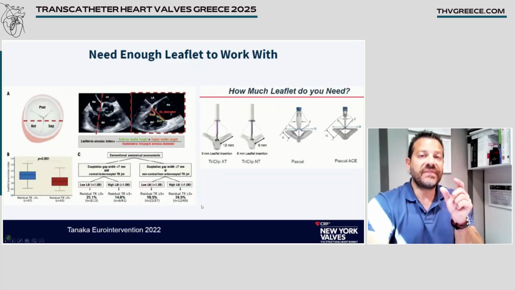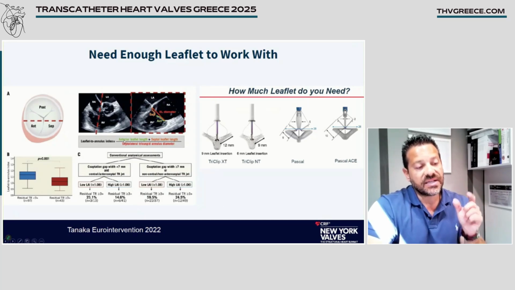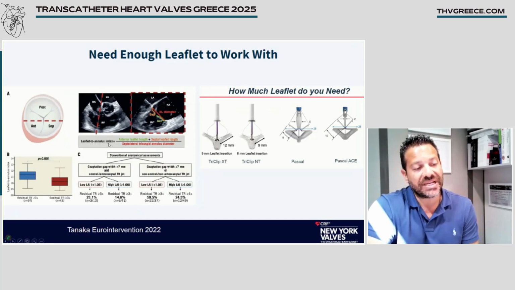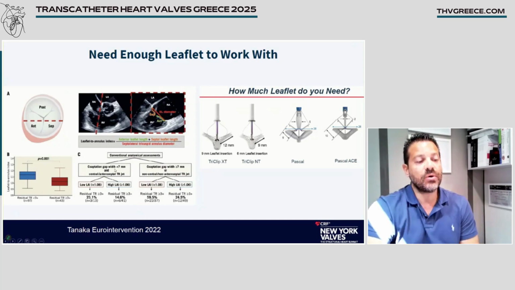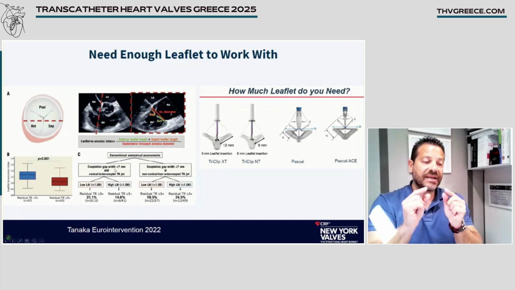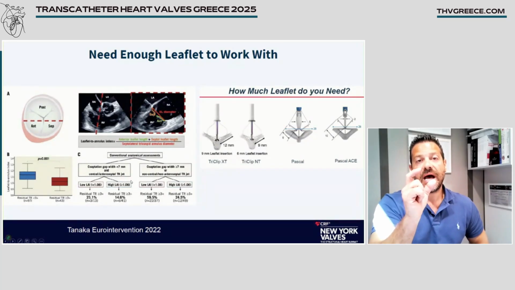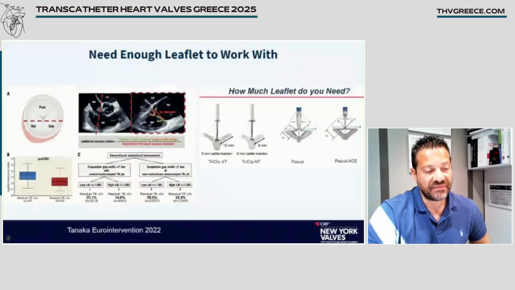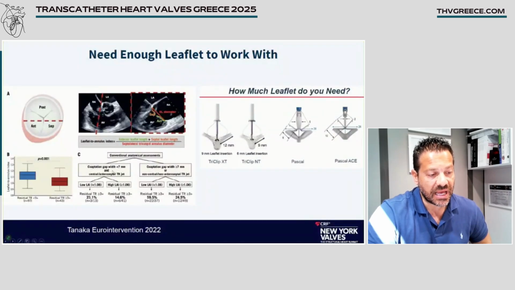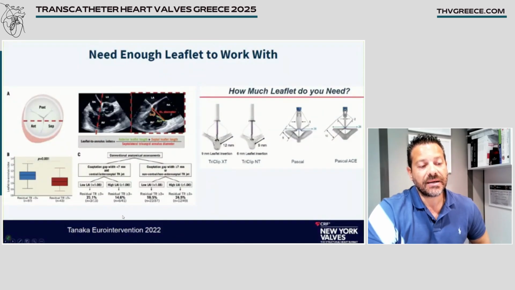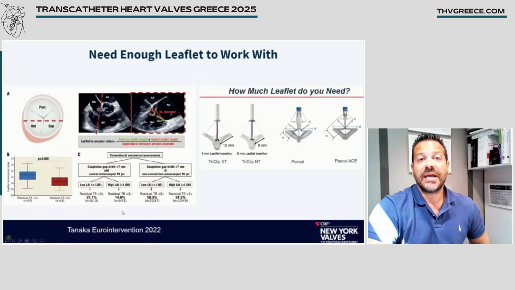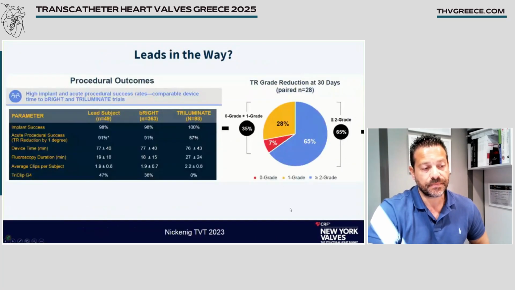And the length of the leaflets is also very important. This leaflet-to-annulus index shows that if we combine the gap of the leaflets and this index, and we have a high index, which means a high length of the leaflets in combination with a low gap, then we can succeed in the operation with low residual TR rates.